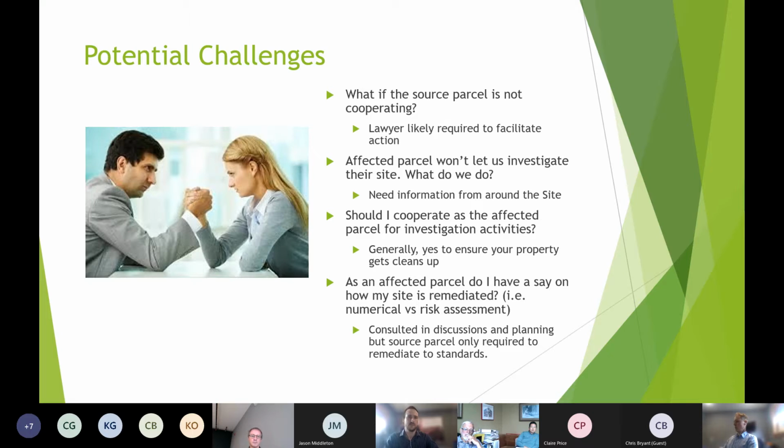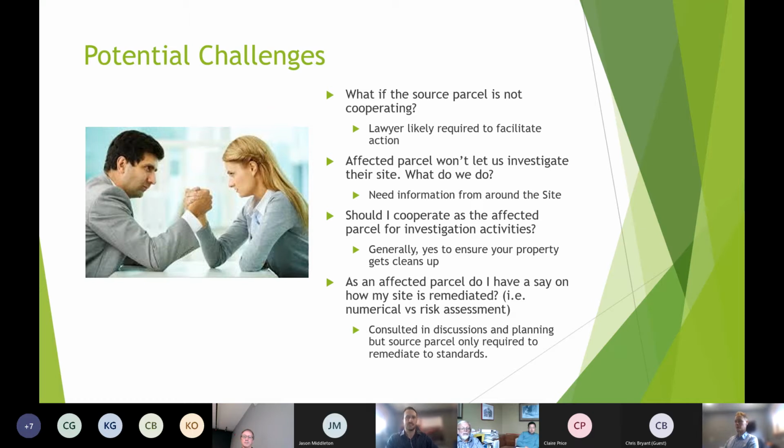Another question is: what if the affected parcel won't let us investigate at their site? What do we do in that instance? In the event that they won't give you access to the site to complete the investigation or remediation you need to do, the owner of where the contamination is sourcing from will need to carry out some sort of broad characterization around the perimeter of the property.